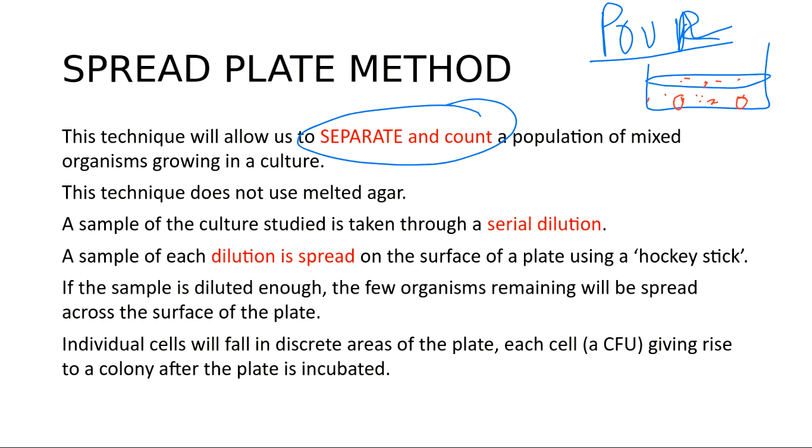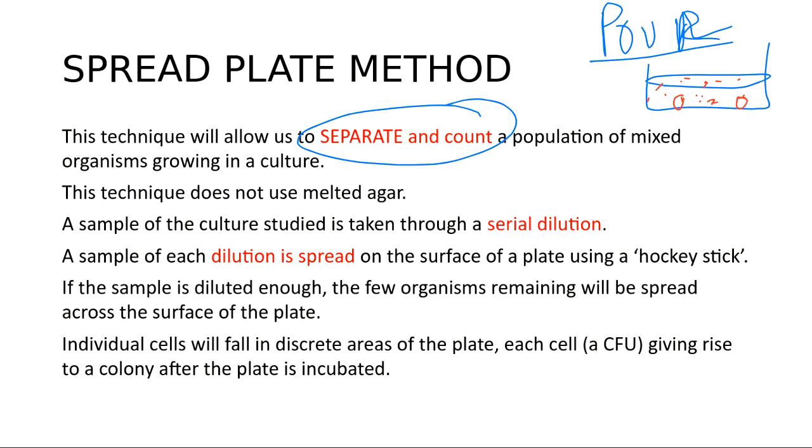Advantage, however, is that it gives you surface area for growth. So you may not need to make as many dilutions because you have the entire volume of the agar to spread your organisms. And yeah, and this is the pour plate method. I just said the word spread, but I meant this is still the pour plate method, okay?